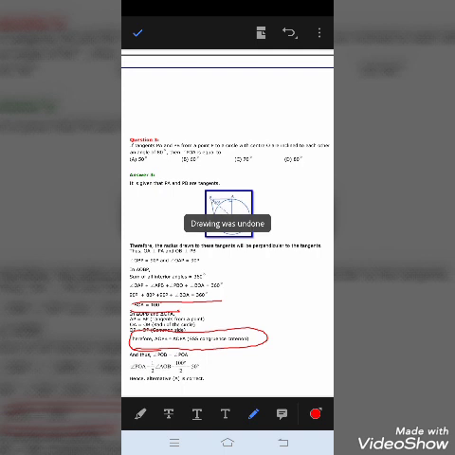Thus angle POB is equal to POA, and POA is half of AOB. I repeat the angles once again: angle POA is half of angle AOB.